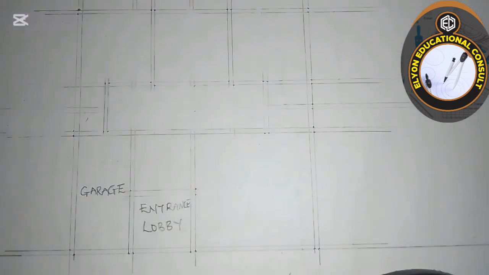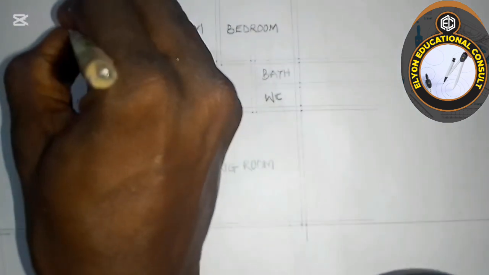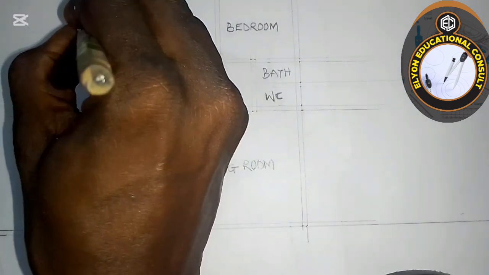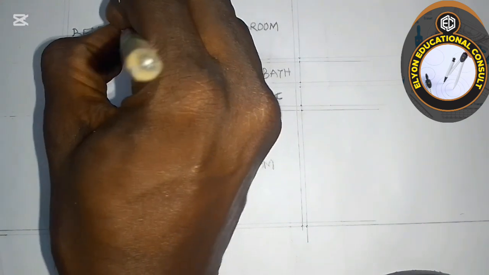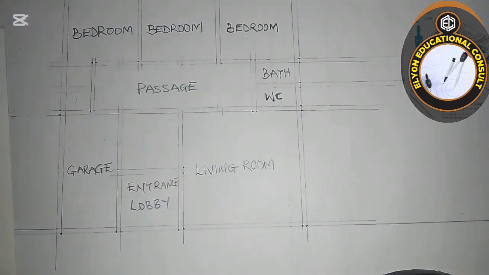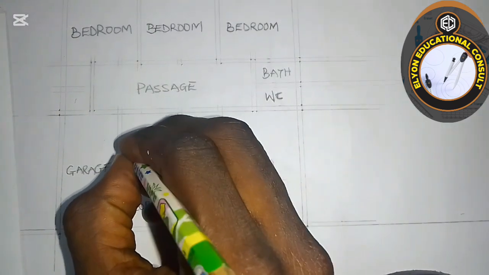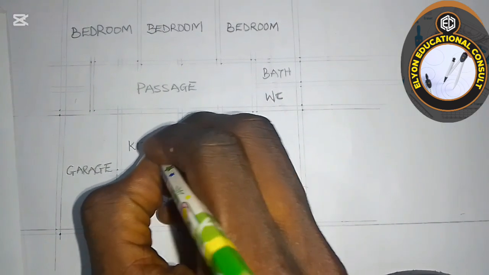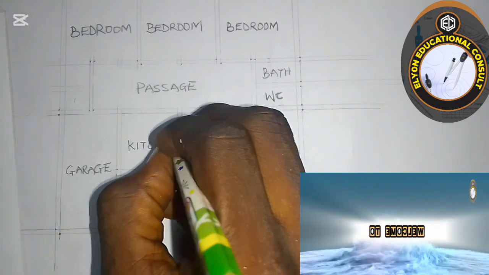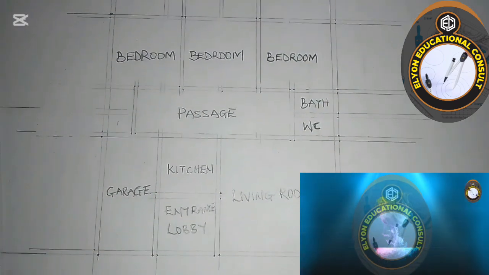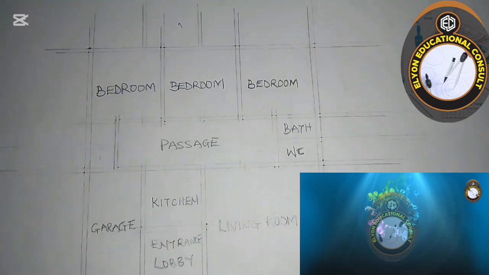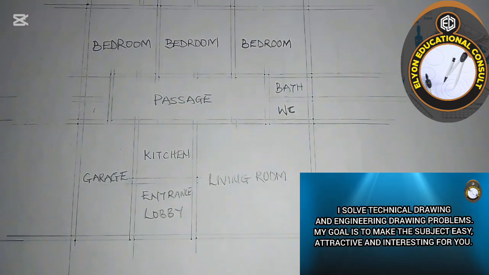Living room now, then bedroom. All right, so these are all the parts. Kitchen, I left kitchen out, so I can put in the kitchen now. Alright, so these are all the various parts of the building for the floor plan.